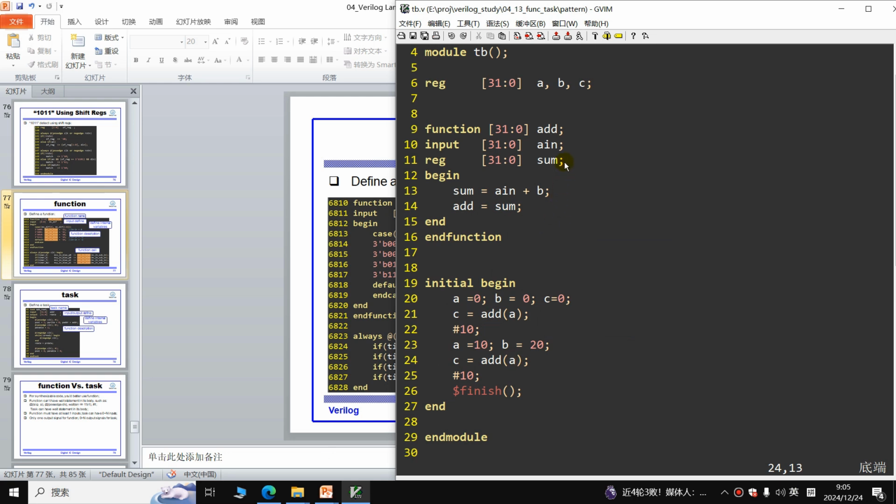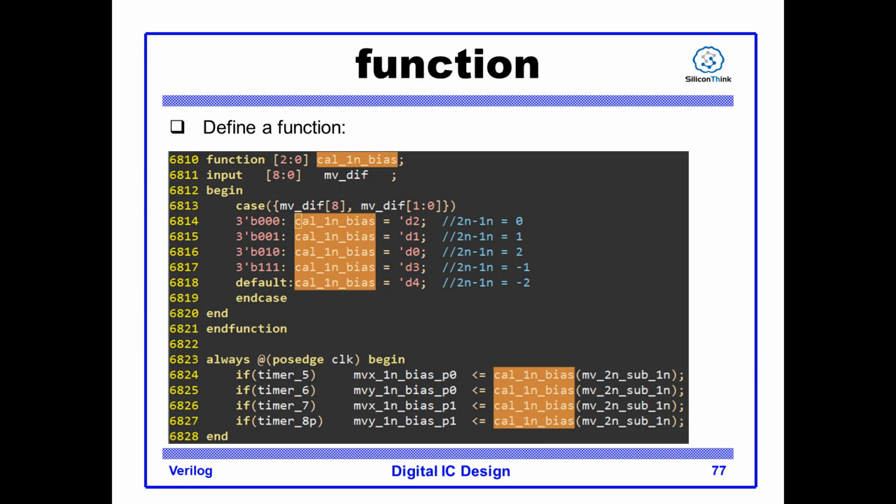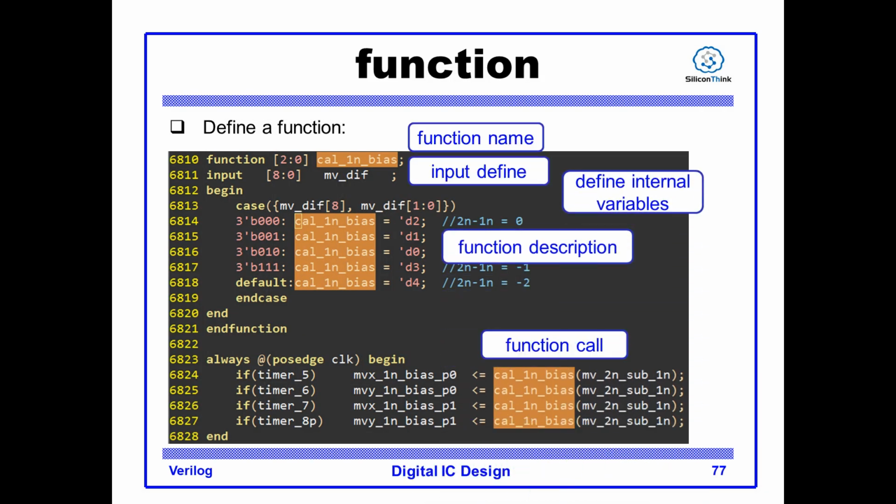Let me show you an example. So this is an internal variable for this function add. Okay, that is how to define your function. Something strange about a function is that the function name itself is used as the return value.